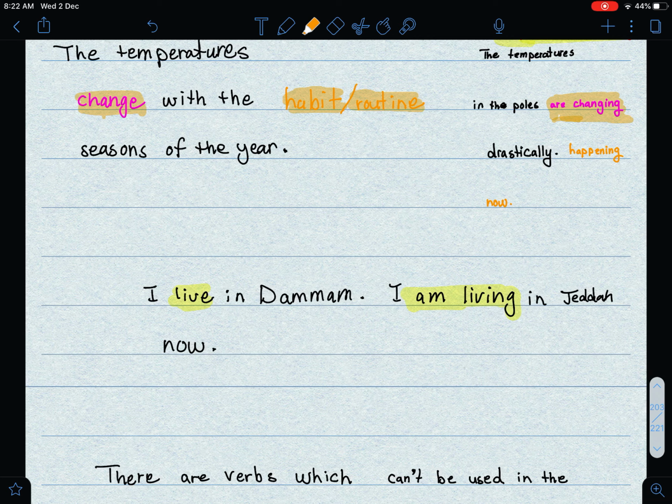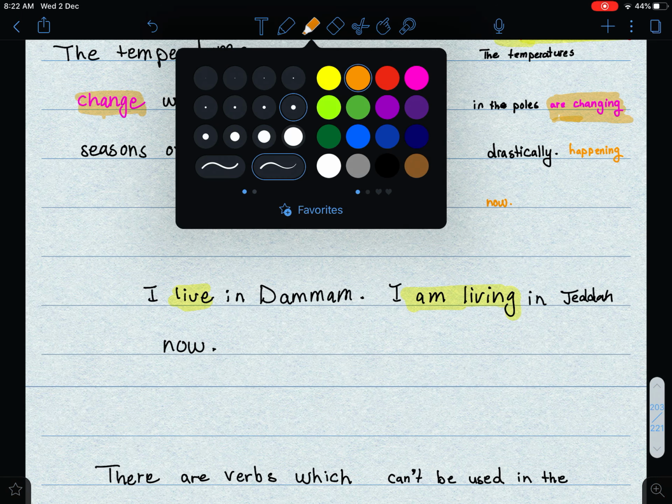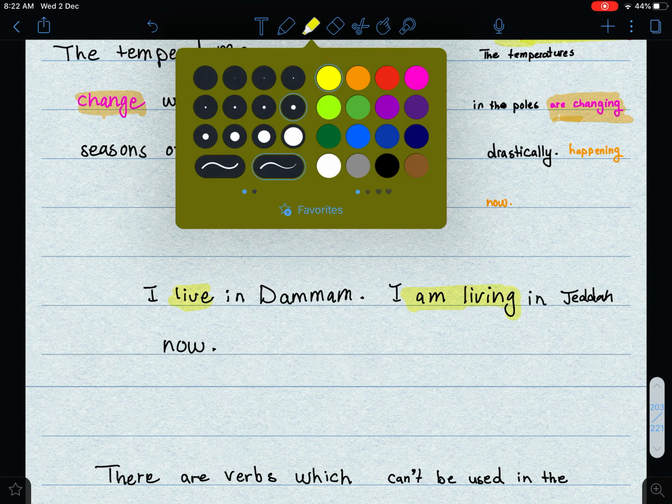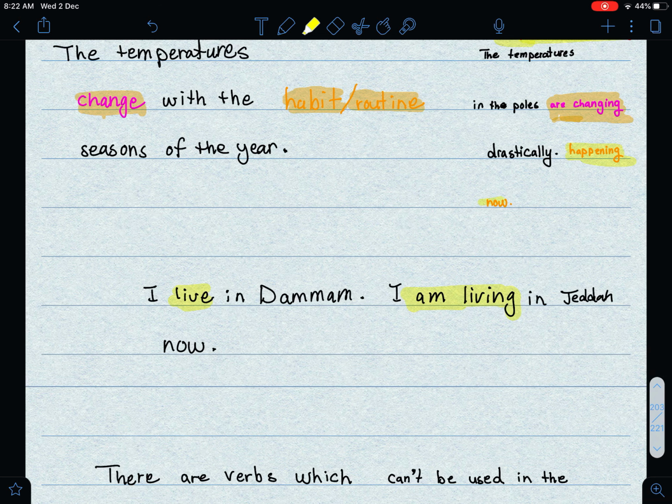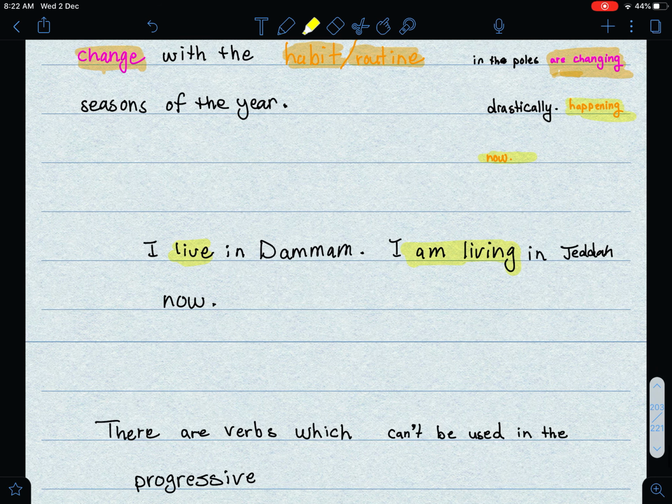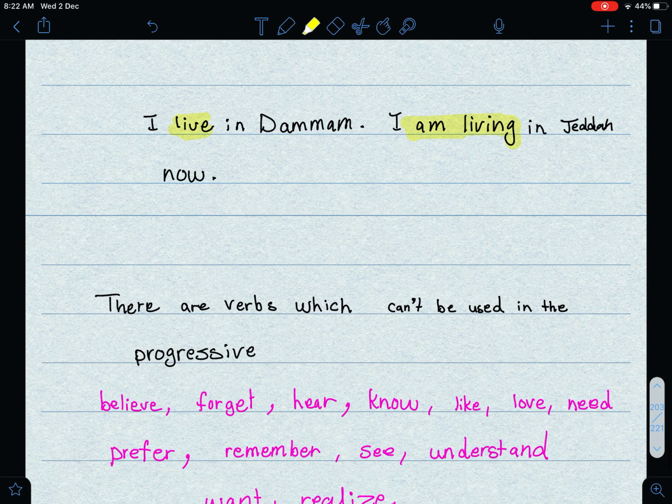As for here, the temperatures in the poles are changing drastically, because we're talking about something which is happening when? Now. So you understand right now the difference. We said also previously that when we're talking about a permanent situation, وضع دائم, أستخدم the present simple, and if I'm talking about something which is temporary, مؤقت, أستخدم the present progressive.